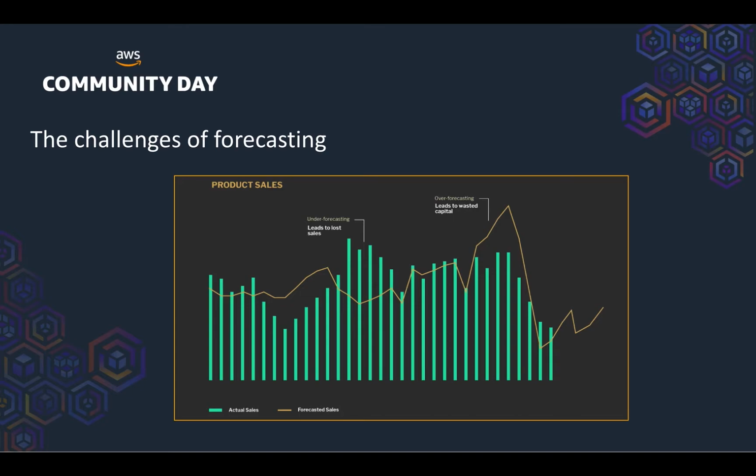On the other side, if we forecast too high, then probably we will have too much product staying in the warehouse, which leads to wasted capital. Therefore, it's important to have an accurate forecast because it has a direct impact on business.